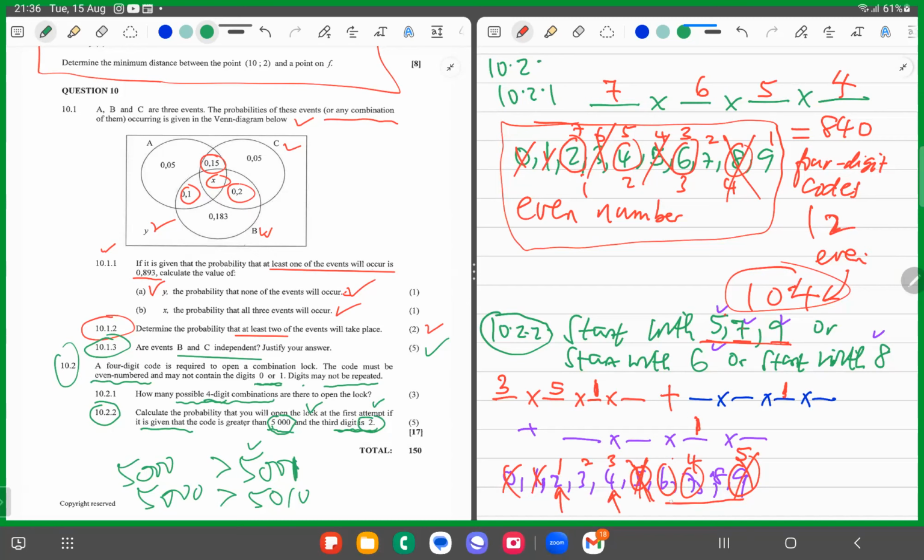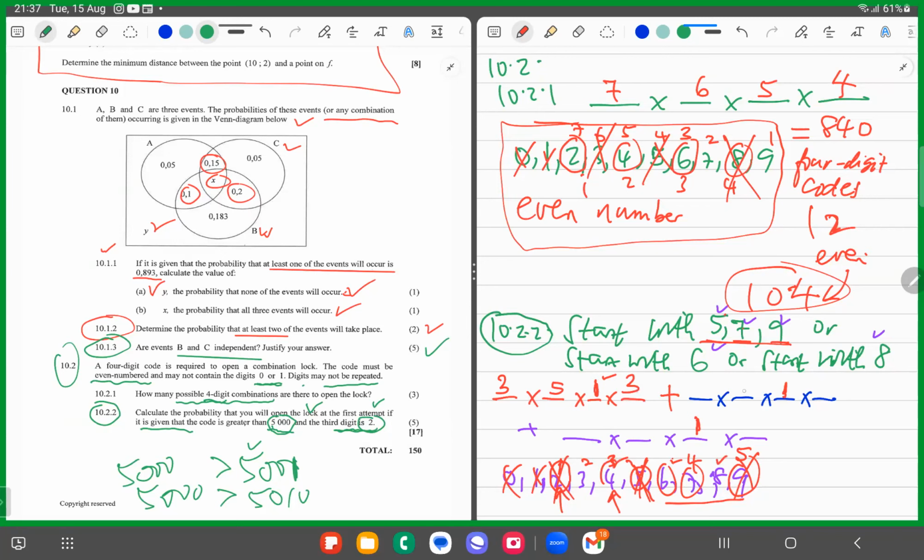But 2 is already out because the third digit is 2. So you can only have even numbers like 4, 8 or 6. This will be 3.